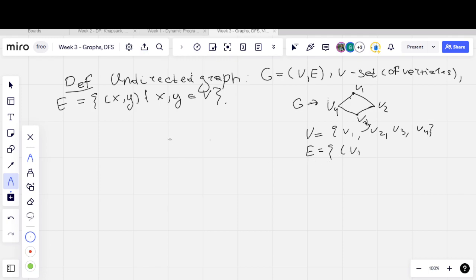Will be not pairs. In an undirected graph, we have not pairs. We have subsets. We have sets. It will be {v1, v2}, {v2, v3}, {v3, v4}, and {v4, v1}.